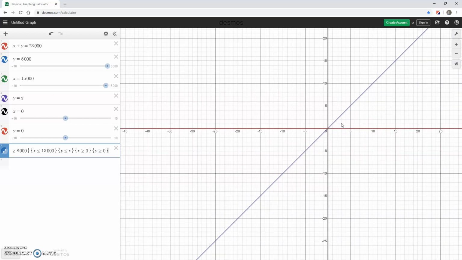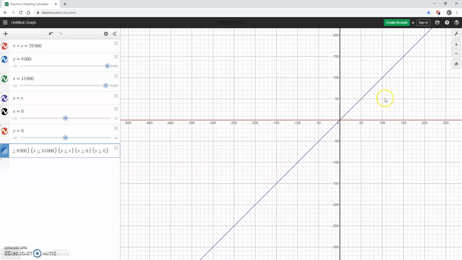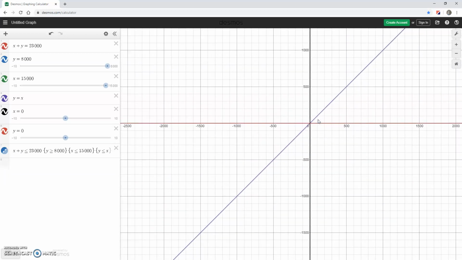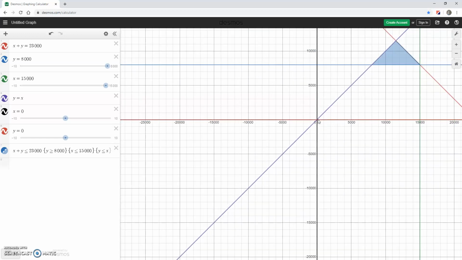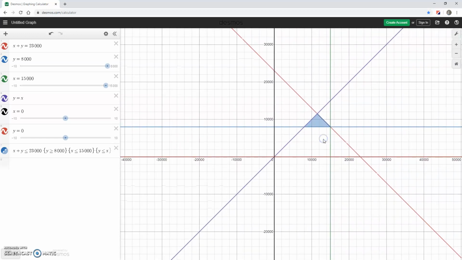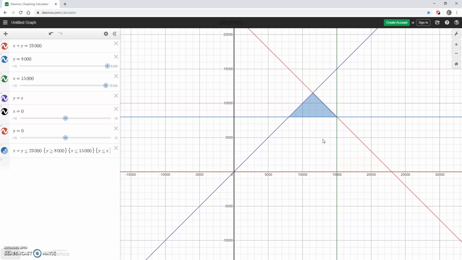We can adjust our window to visualize our solution, which took a little bit more scrolling in this case since we're dealing with some larger values.